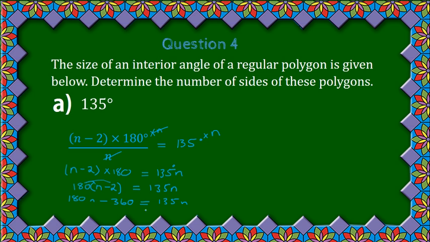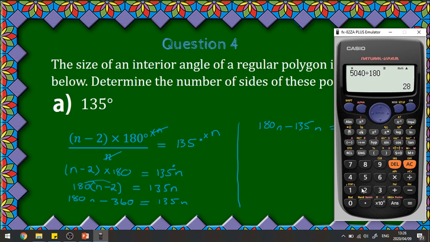135n. Okay, so now I want to get all my n's on the one side and all my constants on the other side. So this term needs to go to the left hand side and this constant term needs to come to the right hand side. So I have 180n minus 135n equal to 360. So if I subtract this, I get 180 minus 135, and this gives me 45.